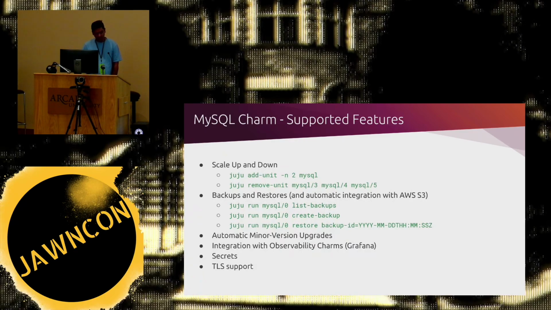There's integration with observability charms. You deploy MySQL, you deploy the observability charm, integrate the two, and by default, MySQL will send all its metrics of the node and MySQL to this Grafana, and you can access the dashboard.